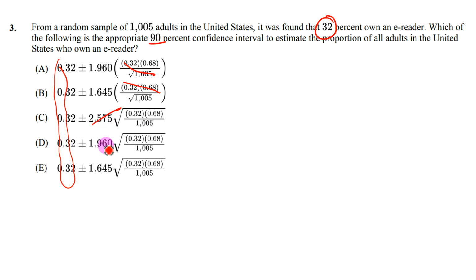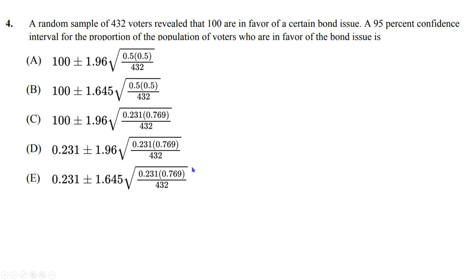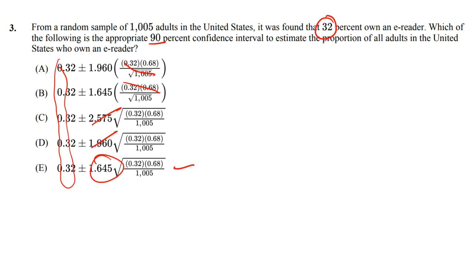Well, this is 99%, this is 95%. That's a 90%. Oops, sorry. Yeah, I mean, you can just do that by a process of elimination. You don't have to do much calculation there at all. Really, you could have started with 90%. You were down to this one, and this one, the standard error doesn't make any sense. It's not the right formula.